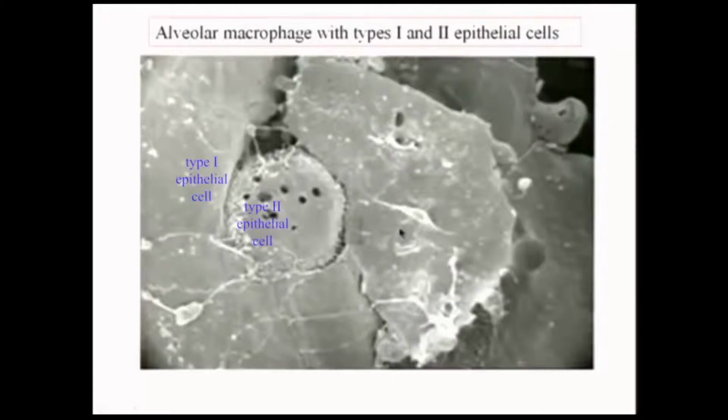Another cell that we'll see in the alveolus is the alveolar macrophage. Here's another very beautiful scanning electron micrograph showing the alveolar macrophage here. It's a bit like an amoeba. It moves around the surface of the alveoli by amoeboid activity.